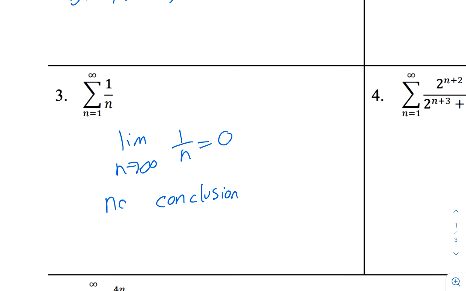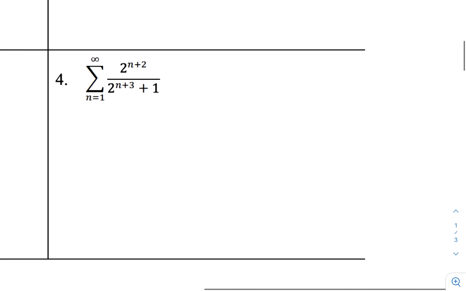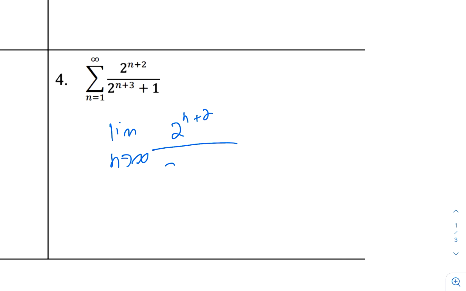Okay, so for number 4 here, we have the limit as n approaches infinity of 2 to the n plus 2 over 2 to the n plus 3, and then we have this plus 1 at the end. Now, this plus 1 doesn't really change the equation too much.